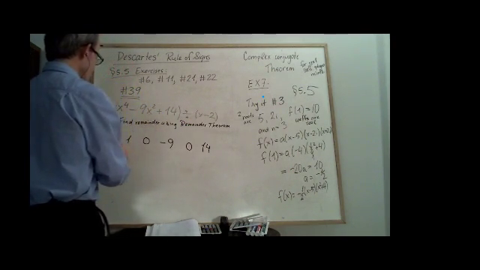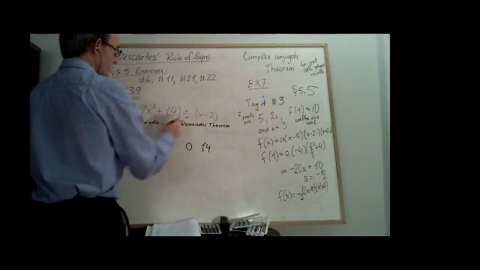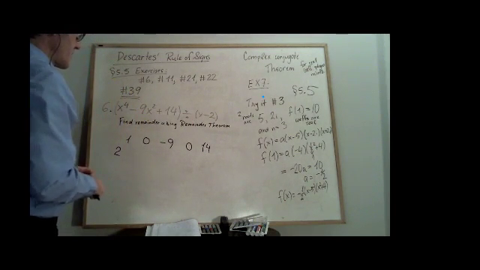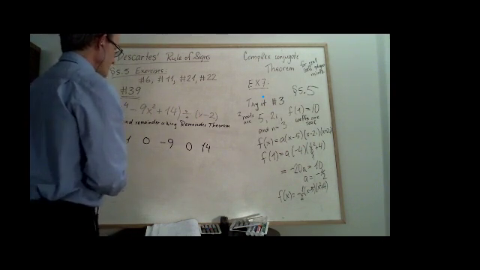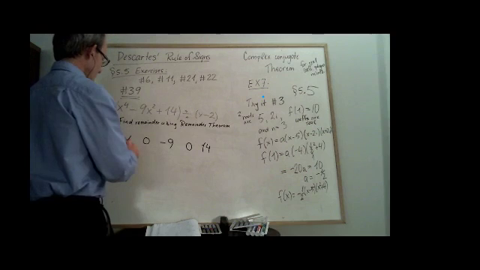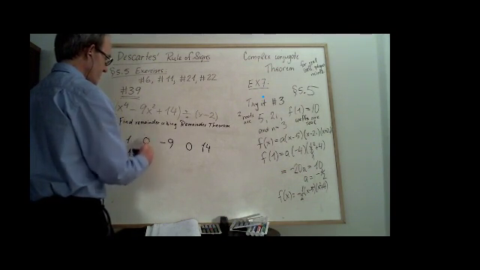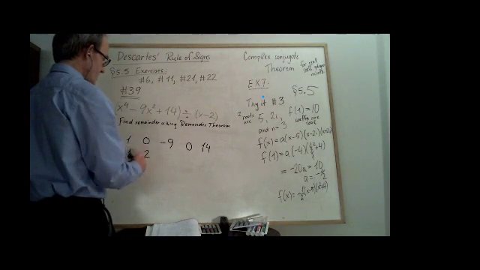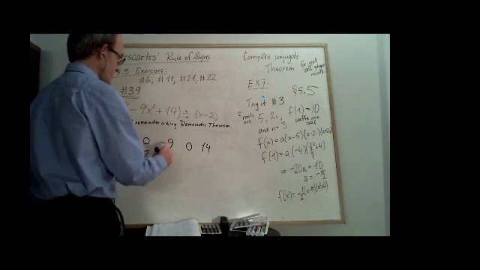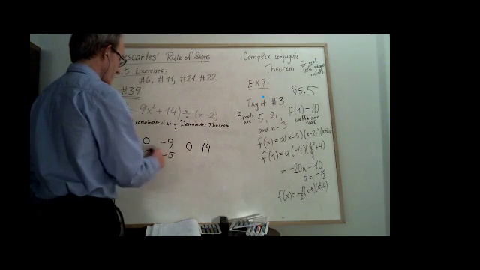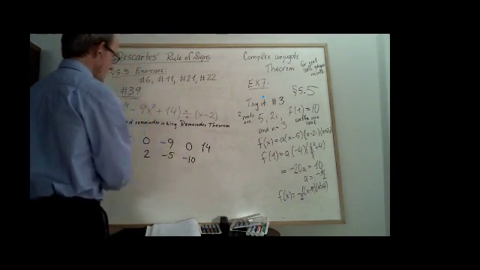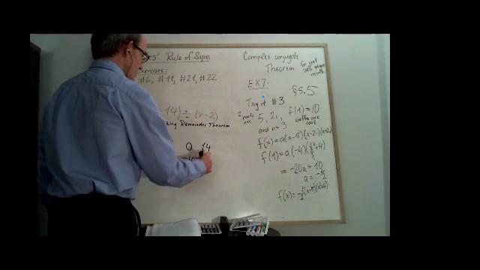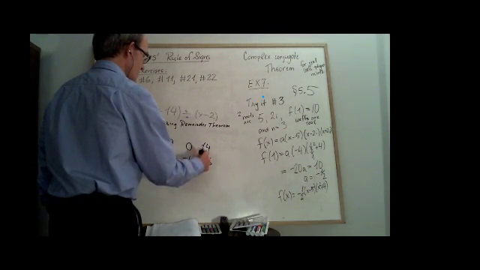And then, in order to do synthetic division, you just put in the number that's being subtracted from x, namely 2. And then you take down the coefficient. 2 times 1 is 2, plus 0 is 2, times 2 is 4, plus minus 9 is minus 5, times 2 is minus 10, plus 0 is minus 10, times 2 is minus 20, plus 14 is minus 6. So that's our remainder.